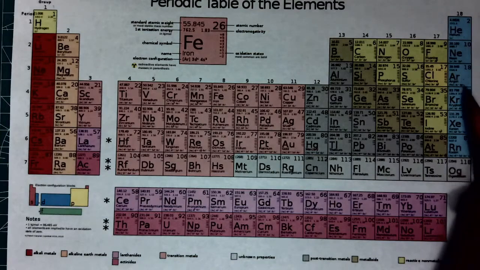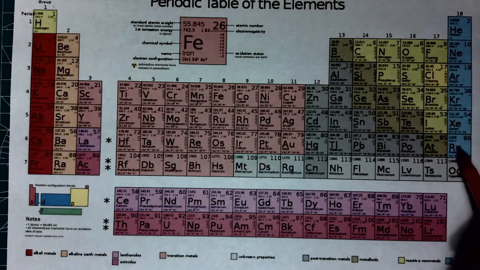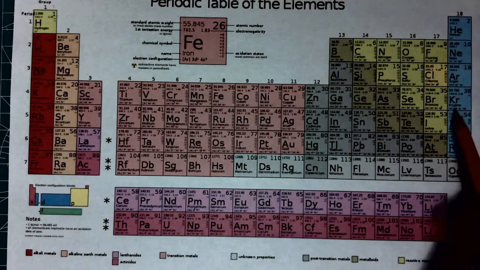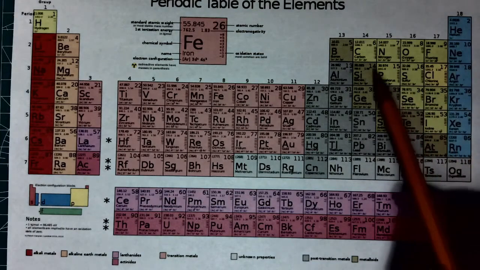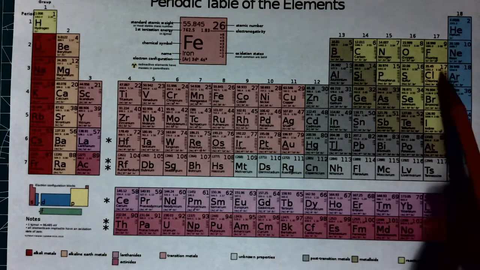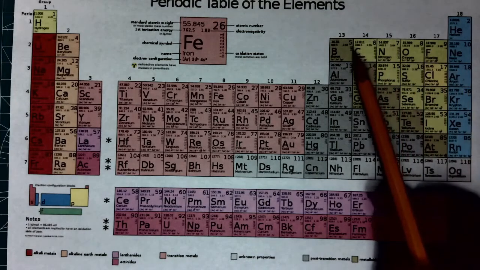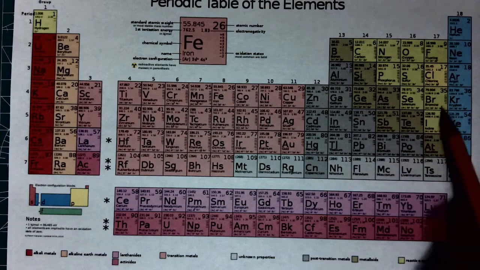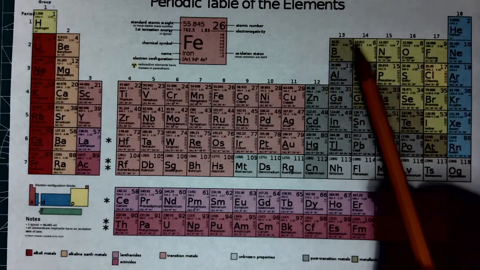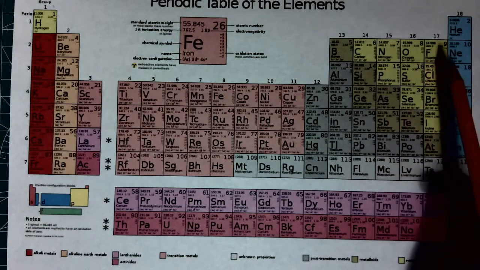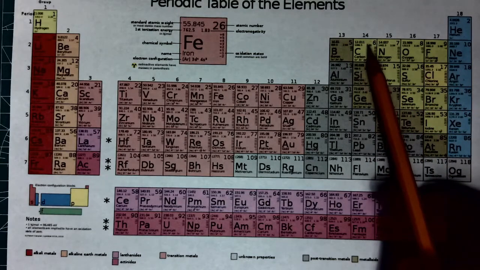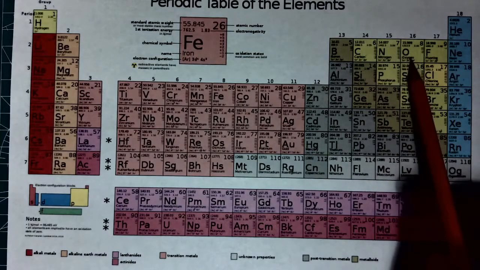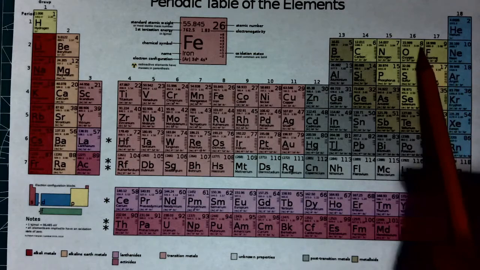They don't really participate in chemical reactions, and we'll talk about that a little bit more in the course, but that's important to know. That's why they're highlighted here. These guys here are pretty much the center of what life is made out of. These are our big ones here, especially across the top. Most of the molecules that make up you are made out of carbon, nitrogen, oxygen, not so much fluorine.